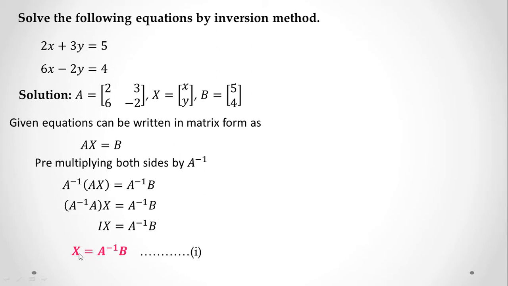So now further we have to find A inverse, because we know the matrix A, which is formed by the coefficients of x and y. To get A inverse we can use any method, elementary transformations or the adjoint method.